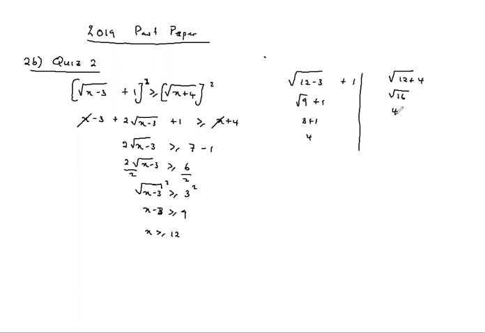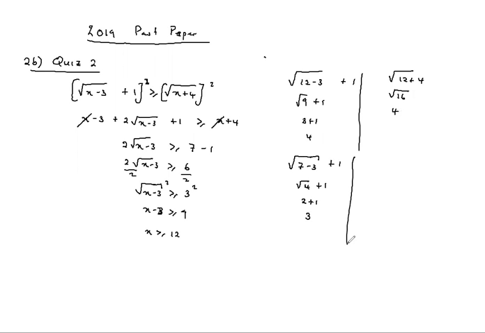So you say, okay, let me pick a number greater than 12. What about a number less than 12? Suppose we picked 7. 7 minus 3 is 4, √4 is 2, plus 1 is 3.